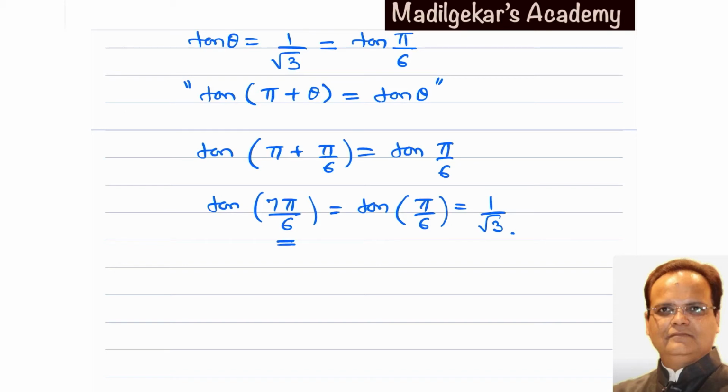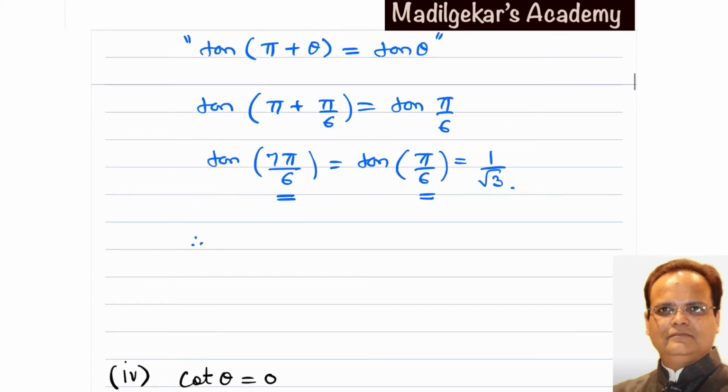So these are the two angles which satisfy the given equation. Therefore, the principal solutions are pi by 6 and 7 pi by 6, and both belong to the interval 0 to 2 pi.